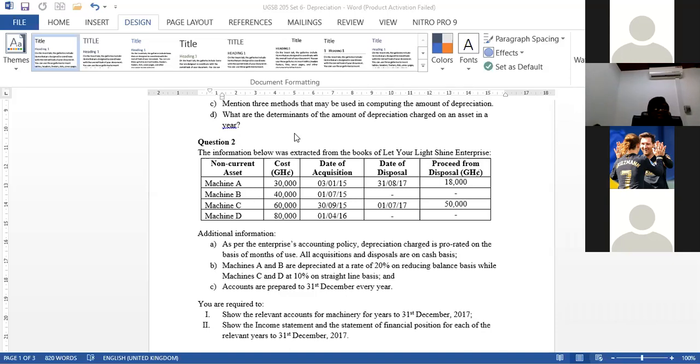If you have one that says that the policy is to allocate higher depreciation to earlier years of benefits, what is it? Diminishing balance. And so though the statement has not told you that it is diminishing balance, that statement implies. Okay, so please take note of that.